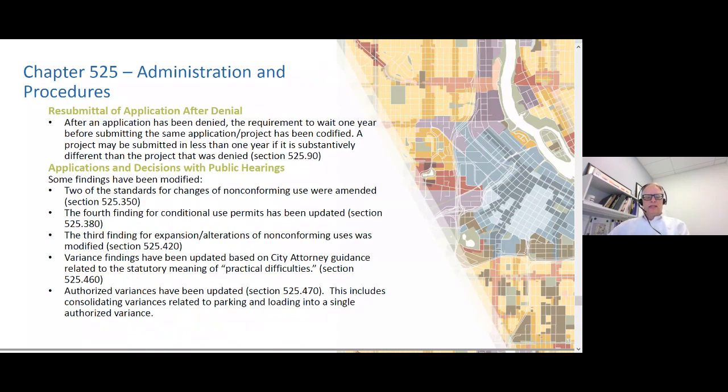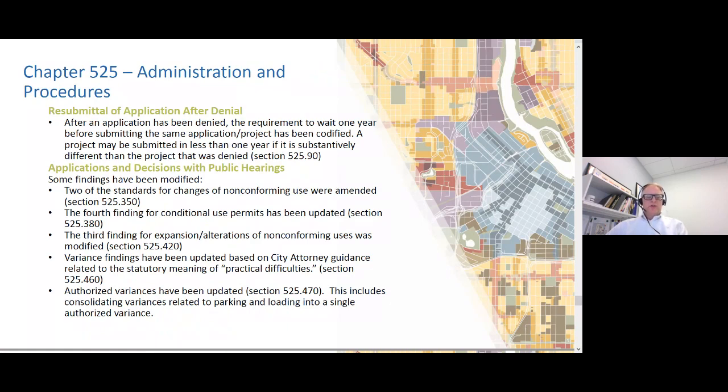And I think there will likely be a fair amount of flexibility in how that is interpreted, but clarity again about a decision-making process being final is in 525.90.